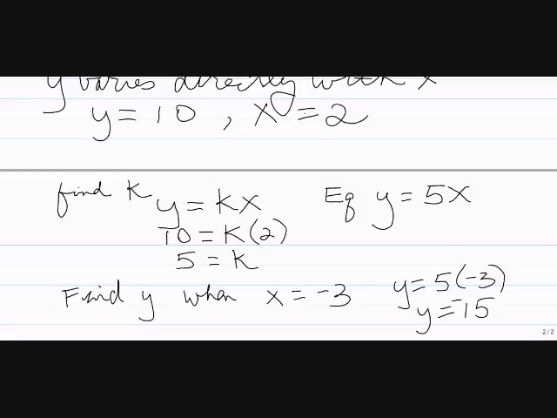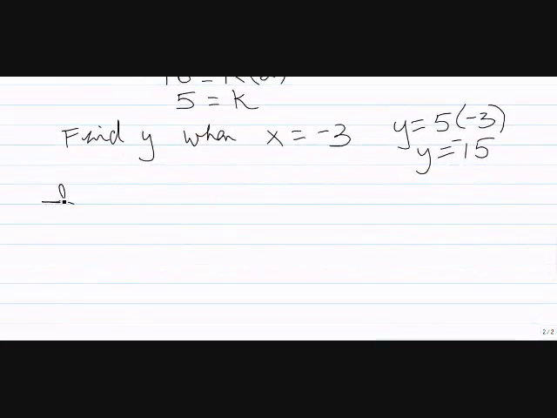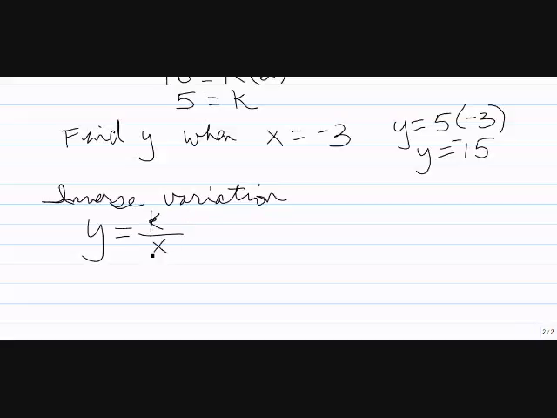Inverse variation is of the form y equals k divided by x. K is still called the constant of variation. These are not linear. They're funny looking curves. We'll start graphing them tomorrow.